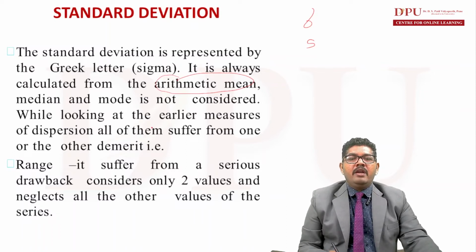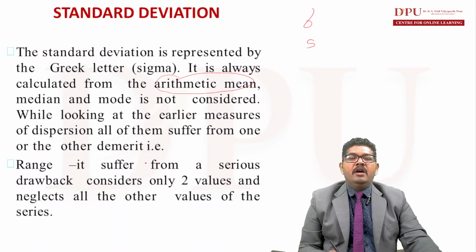While looking at earlier measures of dispersion, all of them suffer from one or the other demerit. So we have seen range, interquartile range, quartile deviation, then mean deviation, and all of these measures of dispersion suffer from one or the other demerit.